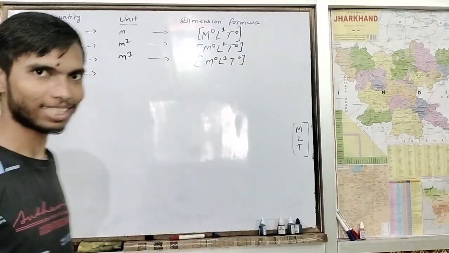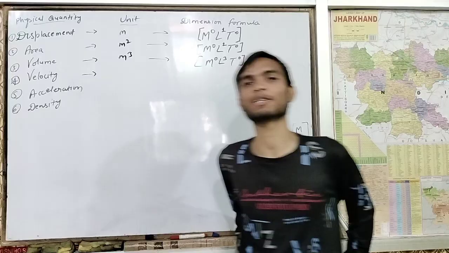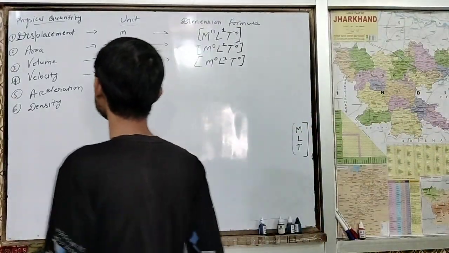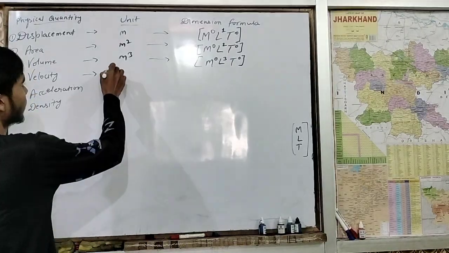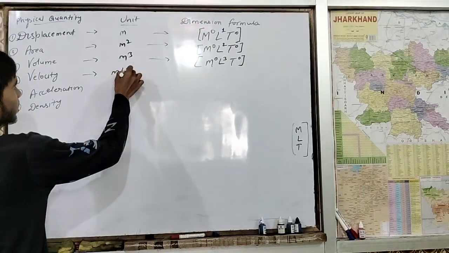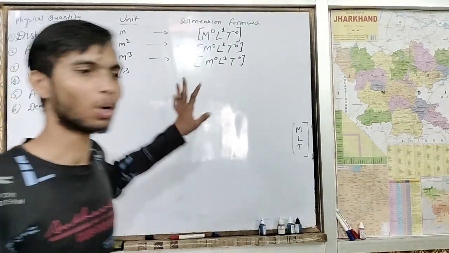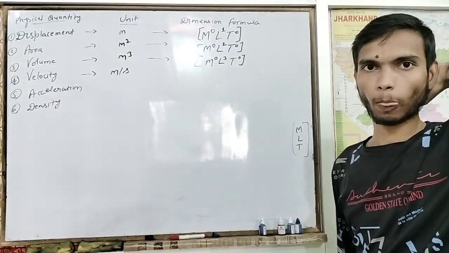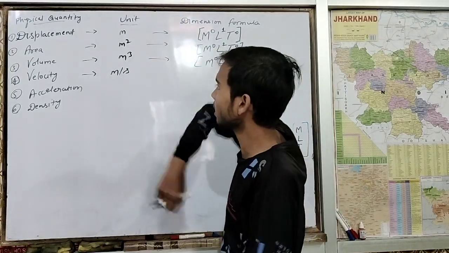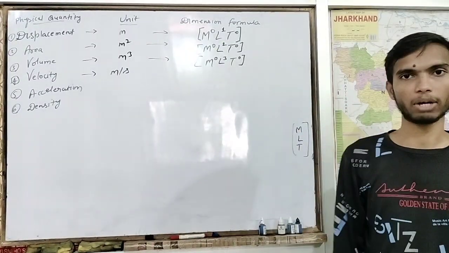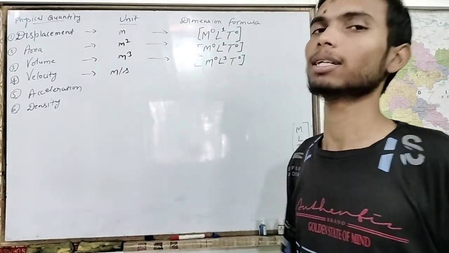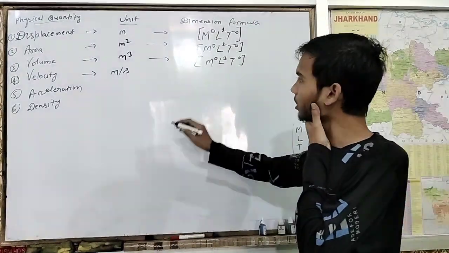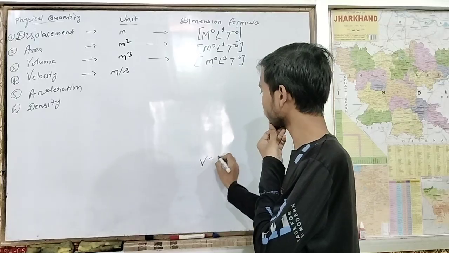For next, velocity. It is nothing but just displacement upon time. So what should be displacement? For displacement, we know that the unit is meter, and per second. This is the unit of velocity. In this we are observing that we have 1 meter and we have 1 second, but the second is a denominator, which means here for velocity would be what?